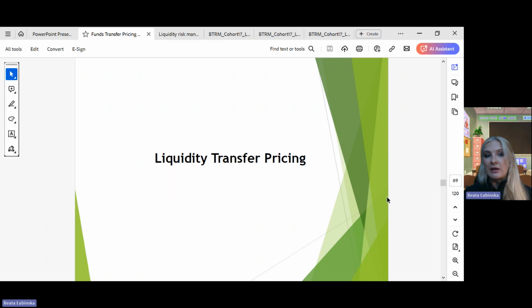Therefore, we are talking about the positive cost of carry, which needs to be passed to the business units as well, because it's not okay to charge when it's negative but keep the benefit when it's positive. So our ALM, treasury, should pass this benefit to the business units because of the positive cost of carry.